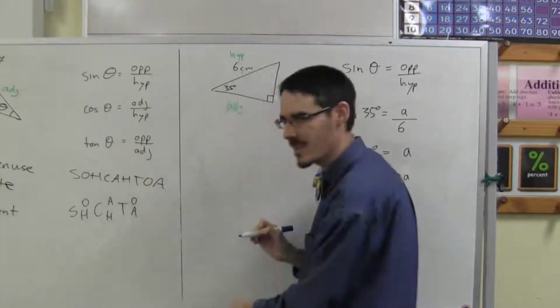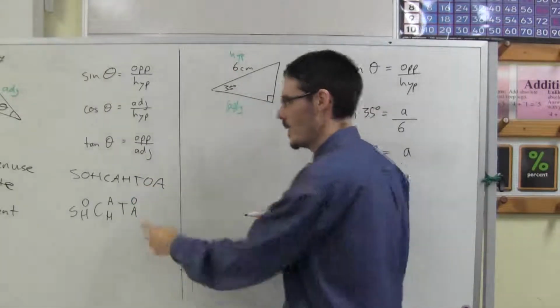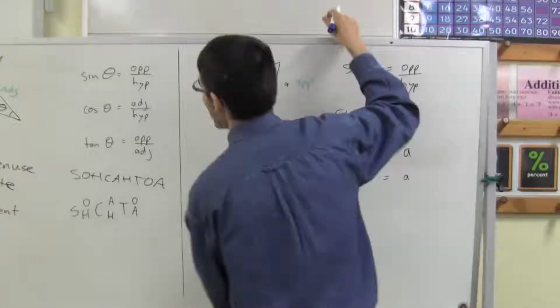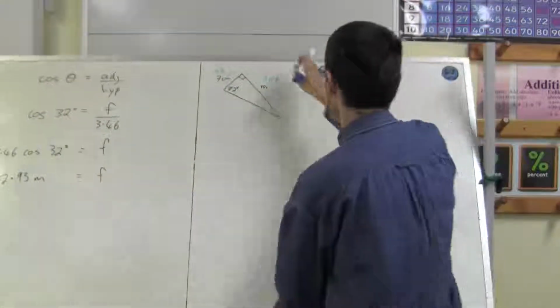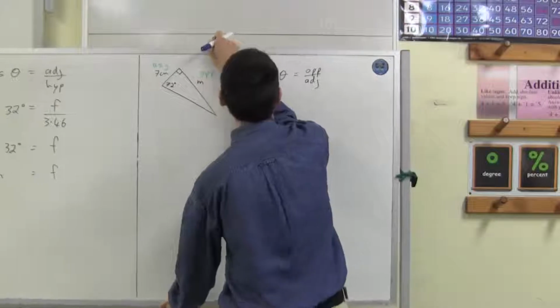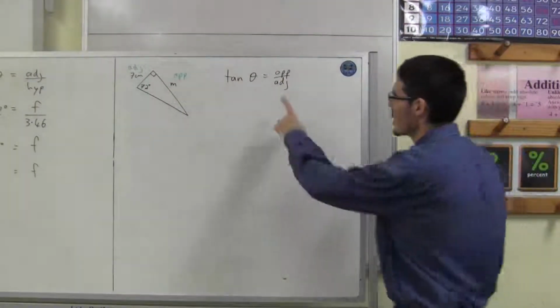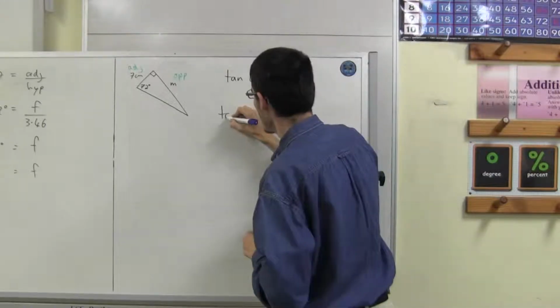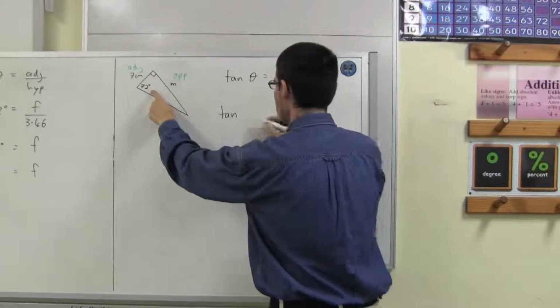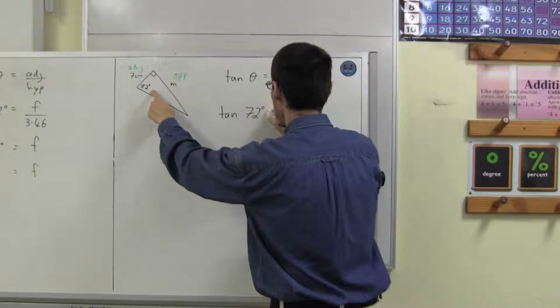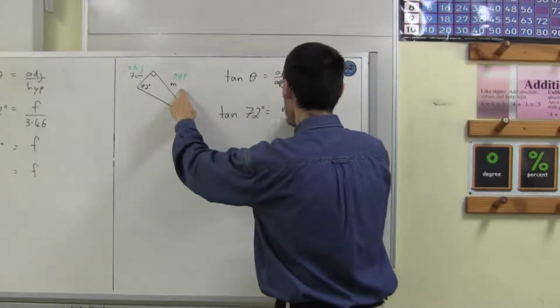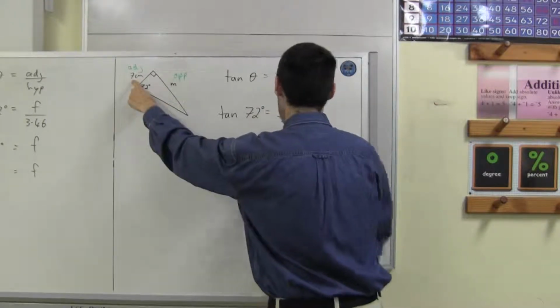And that gives you a hint for which one's on top. Opposite and adjacent is tan. Okay, so put in what you know. Tan of 72 degrees is m over 7.